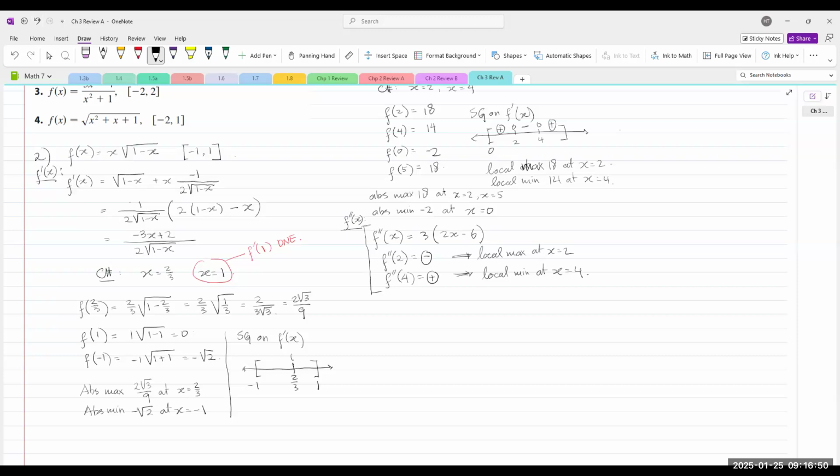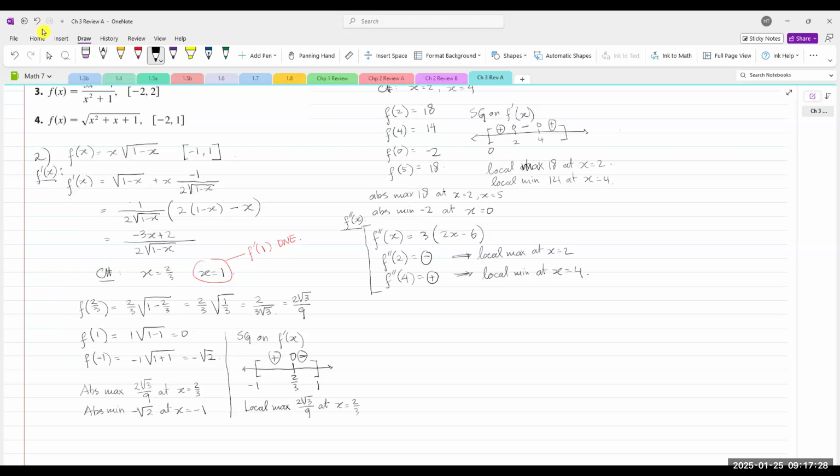At 2/3, the value there is 0. To the right of that is negative. To the left of that is positive. Okay, so we can see here that that's a local max. Local max is 2 radical 3 over 9 at x equals 2/3, right?